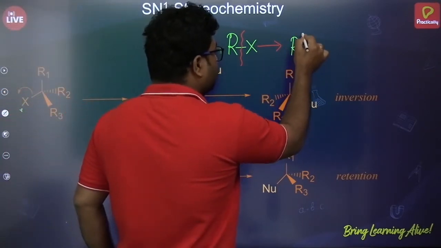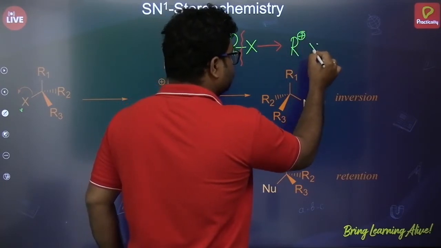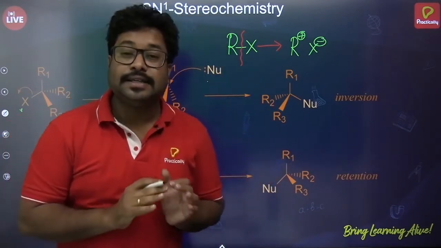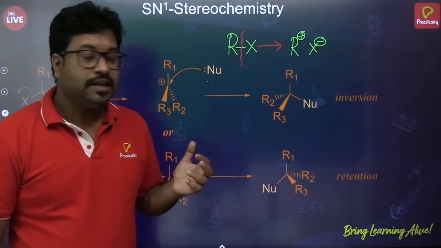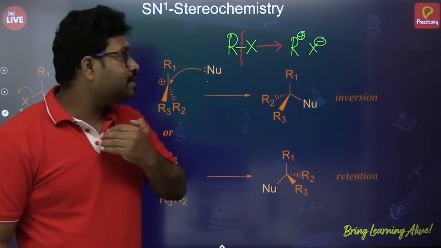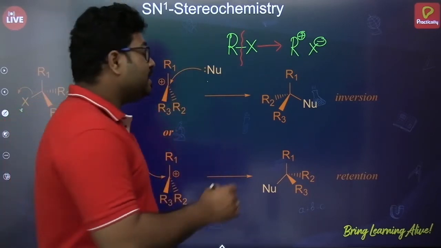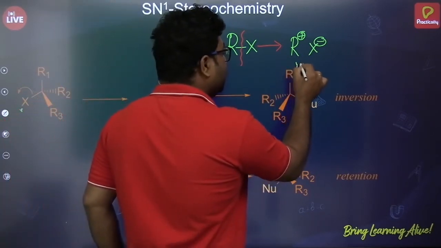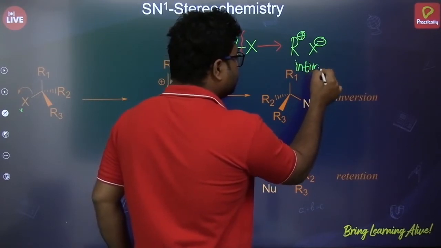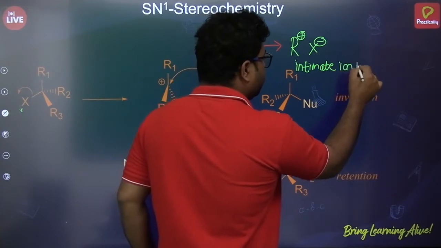You have got the carbocation here, and this is your leaving group. This leaving group doesn't go immediately away. This X minus, which is also called a leaving group, doesn't go immediately away from your carbocation. It stays there as an intimate ion pair.